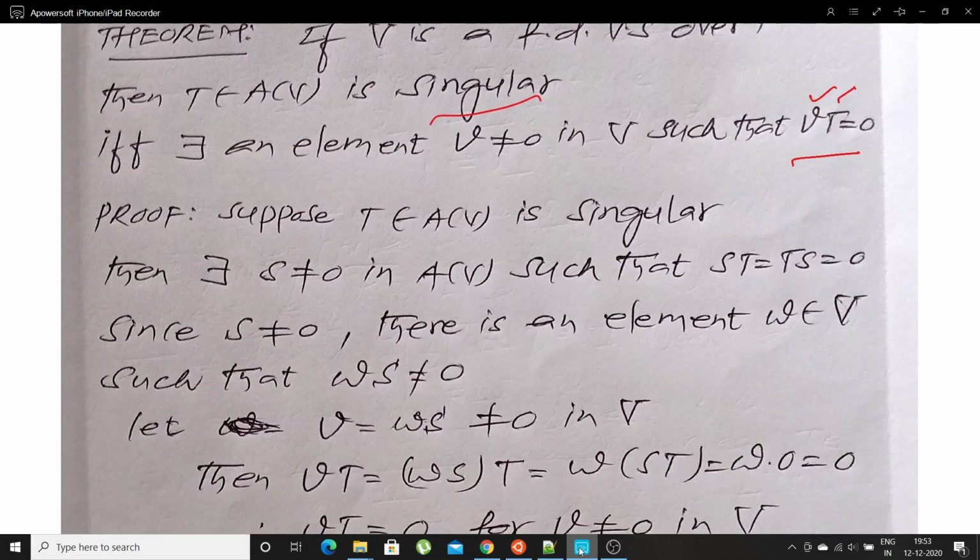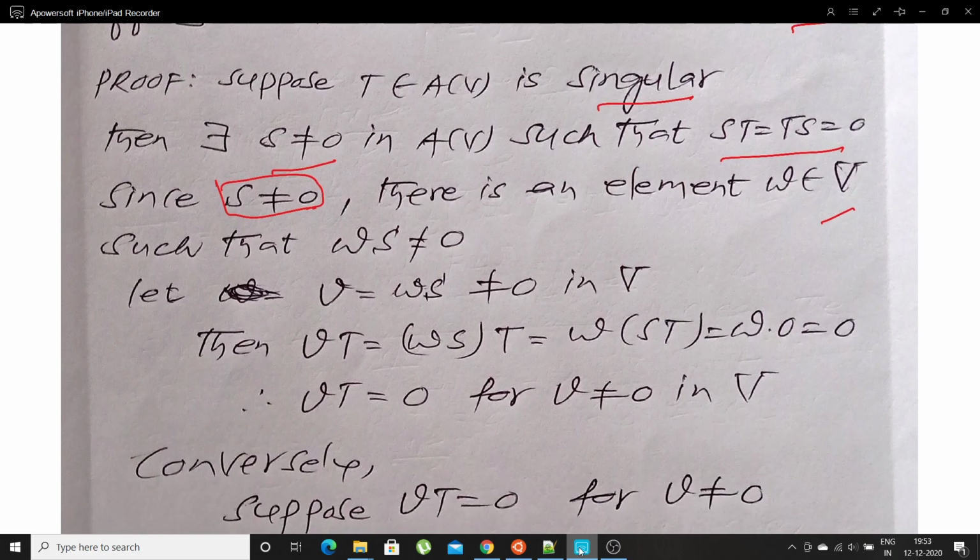Proof. Suppose there is an element T in A(V) which is singular. There exists an element S not equal to 0 in A(V) such that St is equal to Ts equal to 0. Since the element S is not equal to 0, there is an element w in V such that wS is not equal to 0.